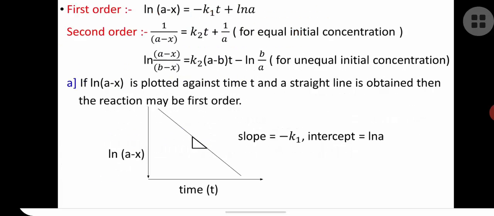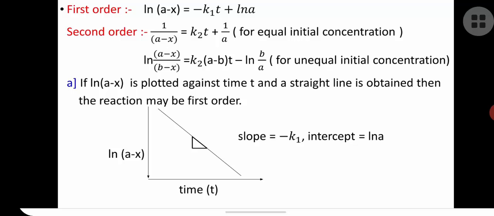First order equation is ln(a - x) = -k1t + ln a. For second order, 1/(a - x) = k2t + 1/a for equal initial concentration.